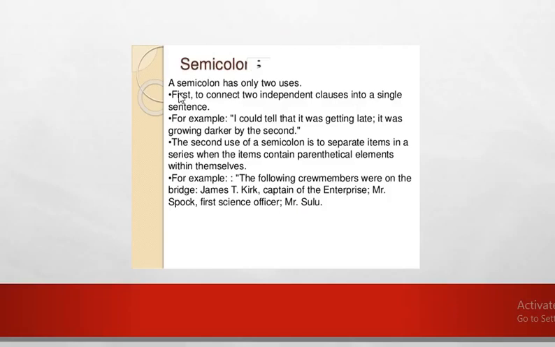Dear students, a semicolon has only two uses basically. First, to connect two independent clauses into a single sentence. For example, I could tell that it was getting late; it was growing darker by the second. The second use of semicolon is to separate items in a series when the items contain parenthetical elements within themselves.